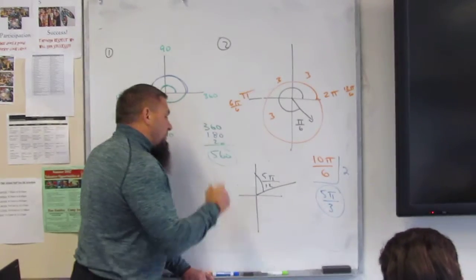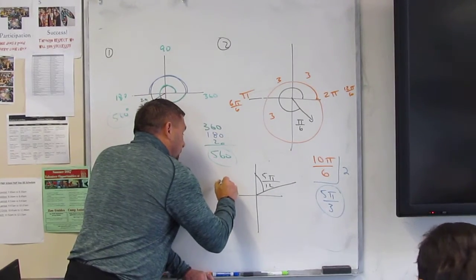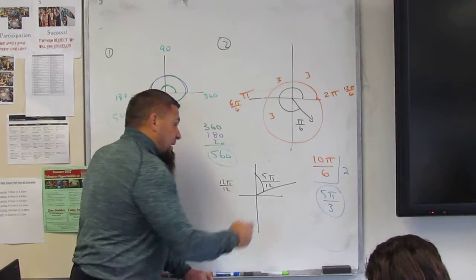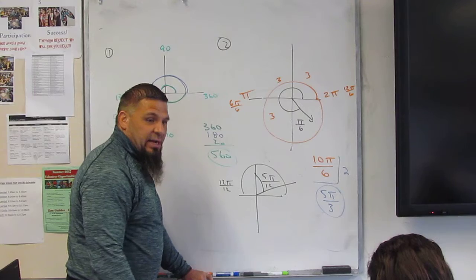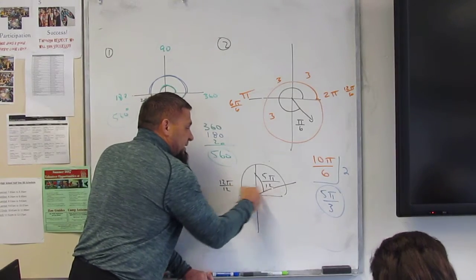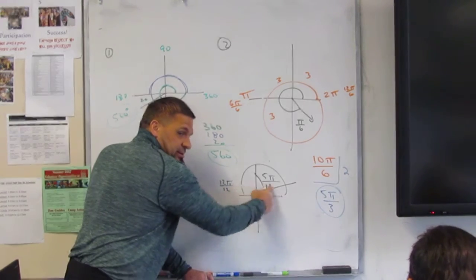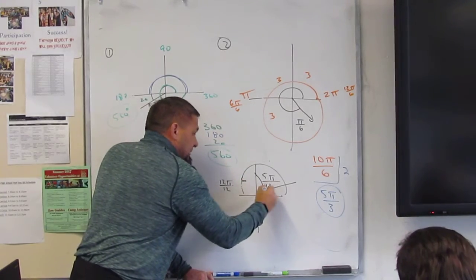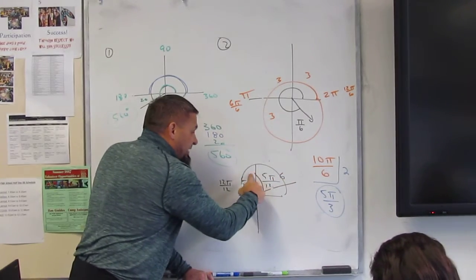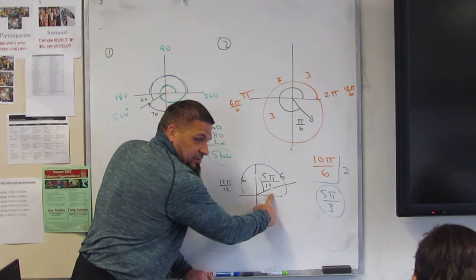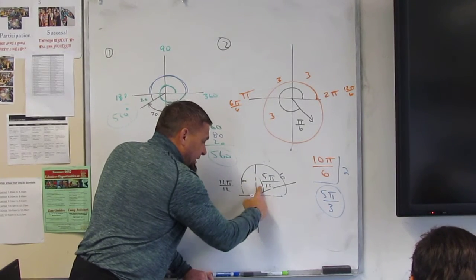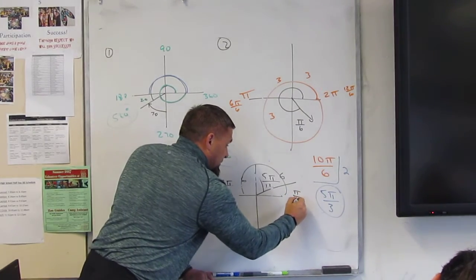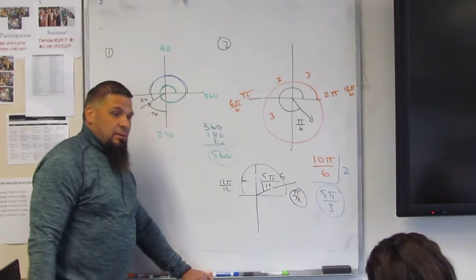You got to remember, this is 12 pi over 12, to get all the way over to here. So how many pi's are in each piece? 12 in the whole. 6 and 6. So if 5 are here, then how many are left? 1. So it's just pi over 12. That's it.